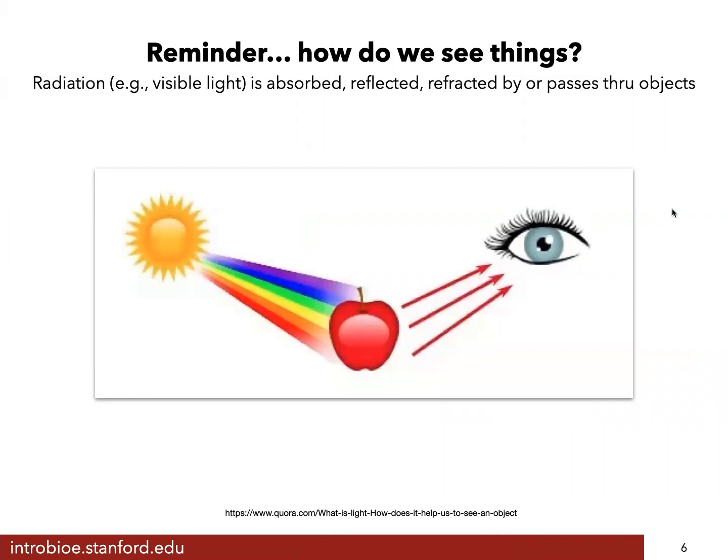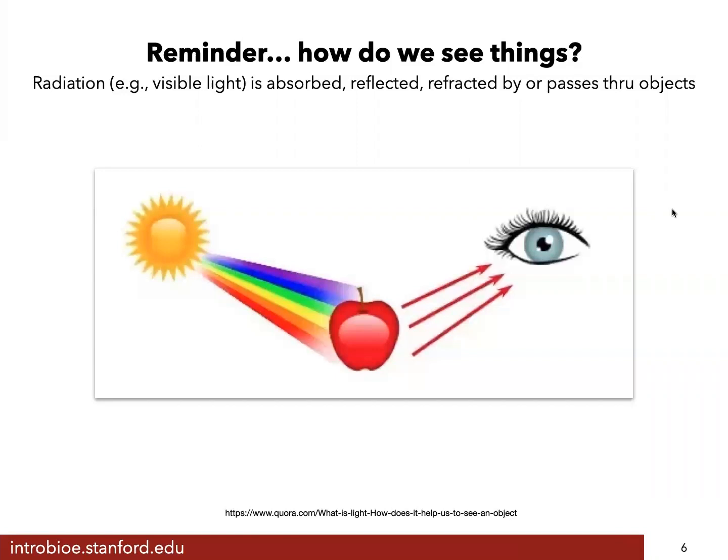And if light is, for example, reflected by an object, it can go into my eyes or your eyes. In your retina, different wavelengths will be detected. So an apple, for example, will absorb visible light except for the red, which gets reflected, and so the apple looks red. Or if it's a green apple, it's reflecting the green and absorbing the rest.